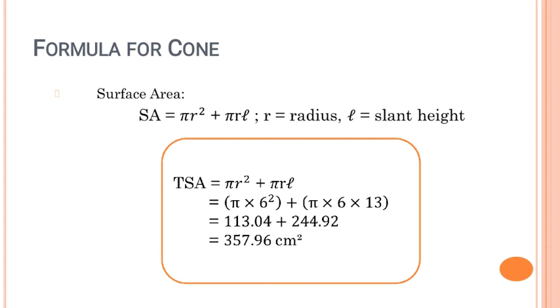The answer is 113.04 plus 244.92. Adding these two numbers, we will derive the final answer of 357.96 centimeters squared.